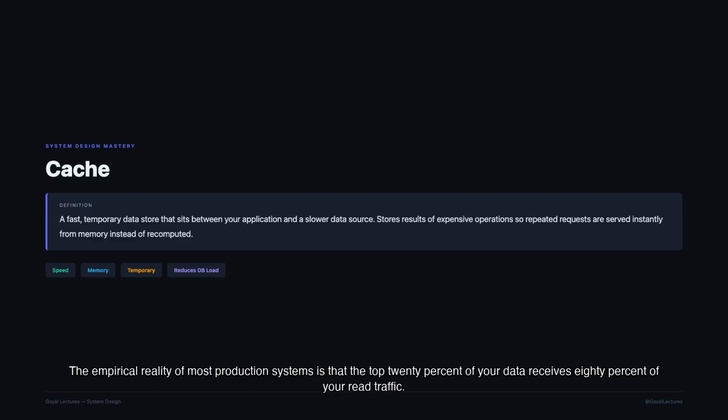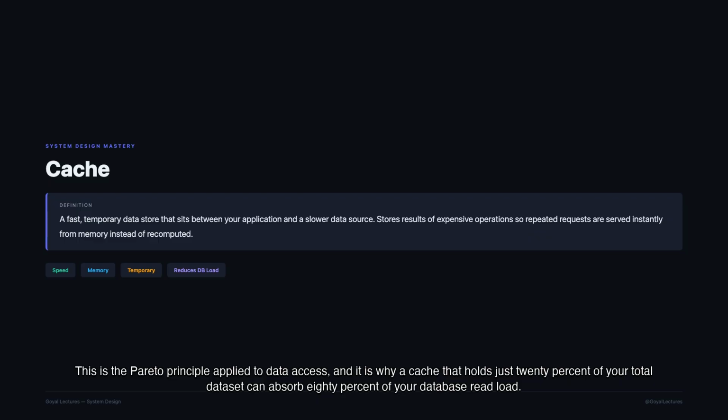This is the Pareto principle applied to data access, and it is why a cache that holds just 20% of your total dataset can absorb 80% of your database read load. You don't need to cache everything. You need to cache the right things.